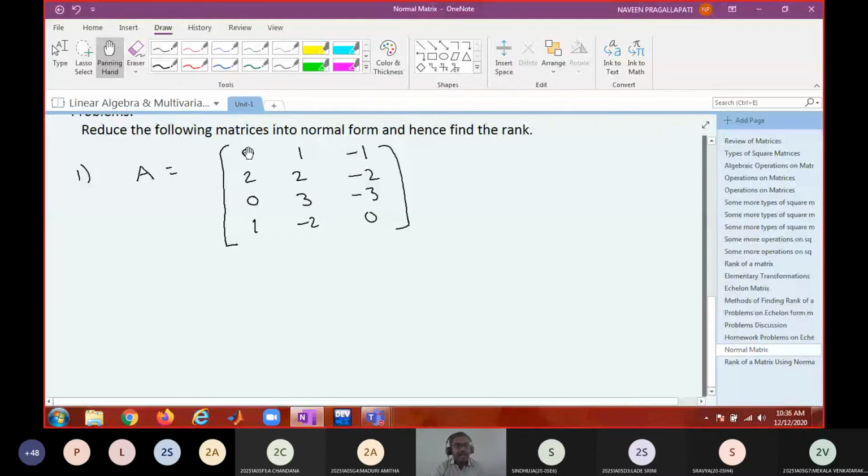If there is a pivot element, you will circle it, and using row operations, you make the elements under the pivot element 0. In the normal form method, we also have to make the elements after the pivot position 0. To make the entries after the pivot position 0, we use column transformations; to make the entries under it 0, we use row operations.